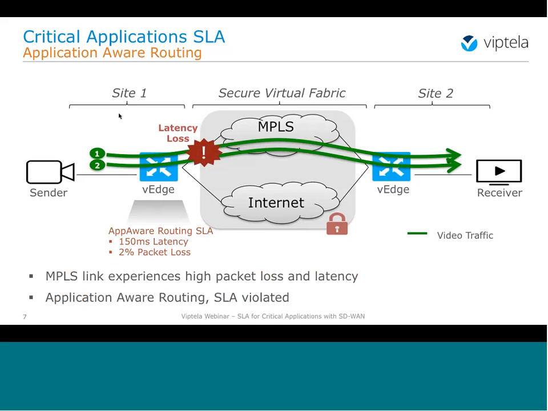Now, when a brownout of either a direct or indirect link occurs, and what I mean by direct or indirect is, for example, a bandwidth saturation of the link that is directly connected to the vEdge router.